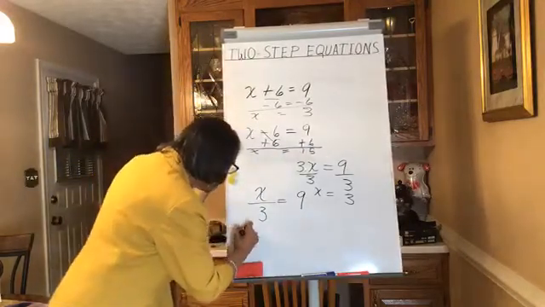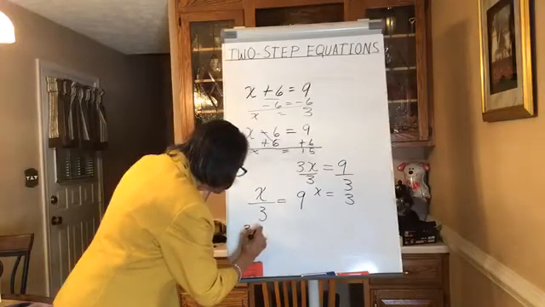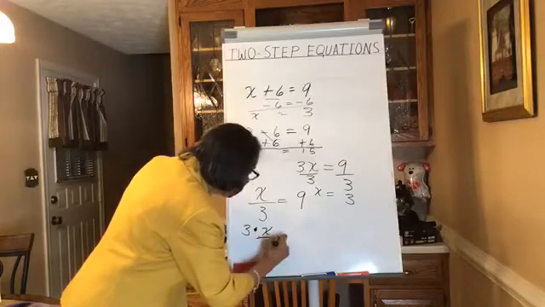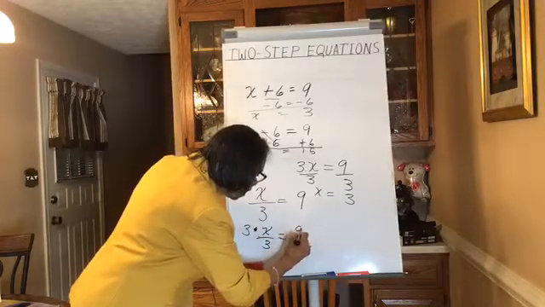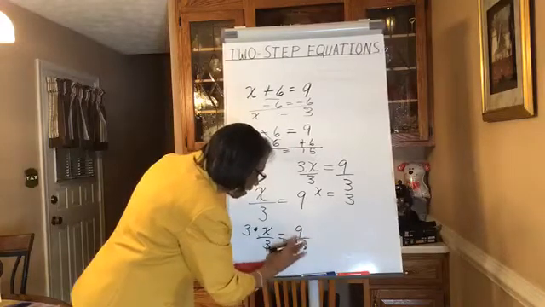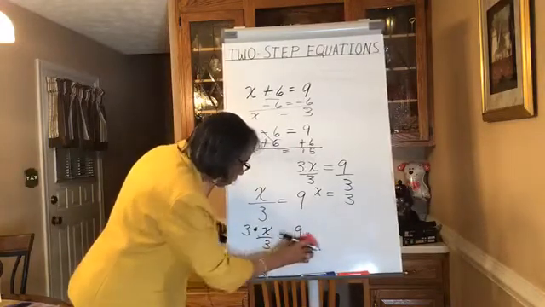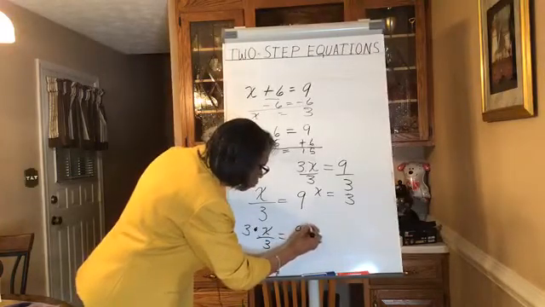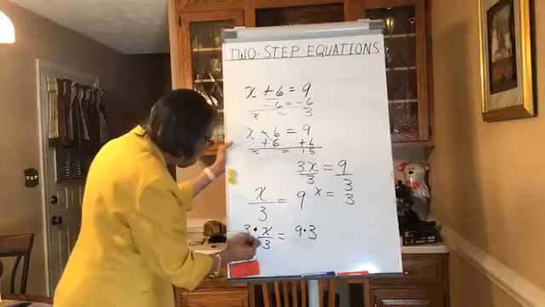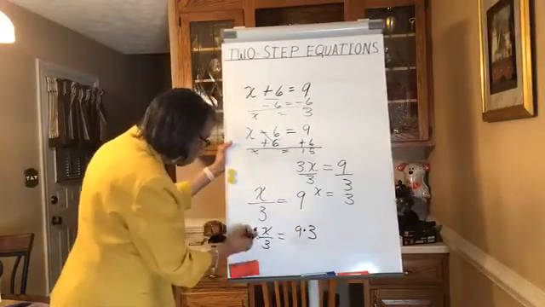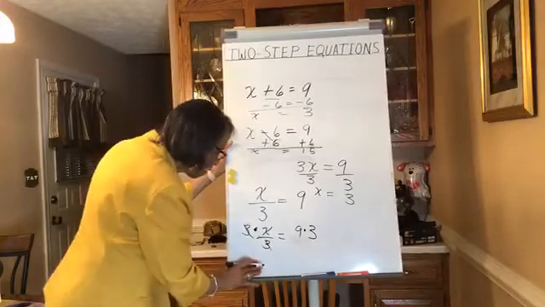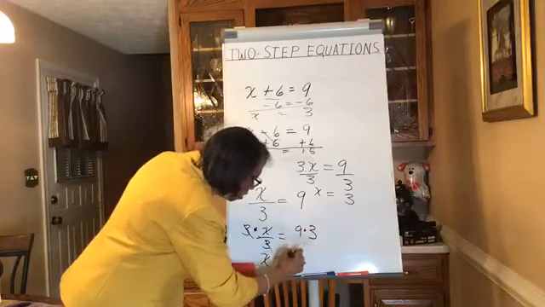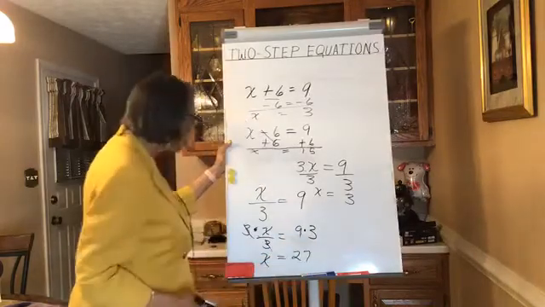So I'm going to have 3 times, and I'm going to use this little dot, times x divided by 3 equals 9 times 3. So we multiply both sides by 3. The 3's cancel out. Remember that from fractions. x then equals 9 times 3, which is 27.